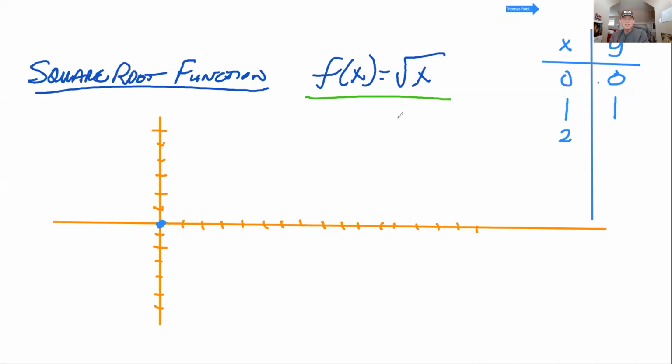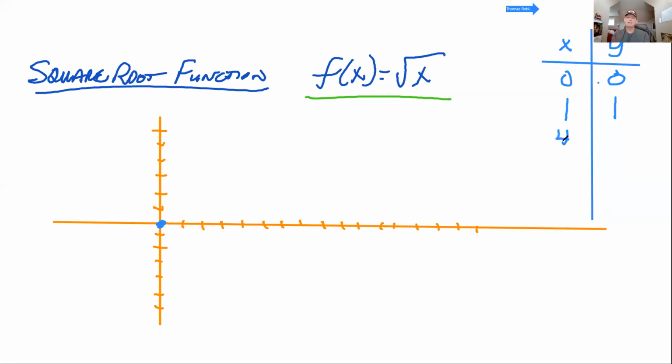What is the square root of 2? I don't know what it is. I could type it in a calculator and it'll give me an answer that's kind of close, but I don't easily know the square root of 2. So I'm not going to put 2 there, and I'm not going to put 3 there. But I am going to put 4 there.